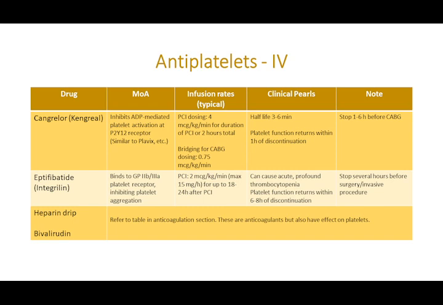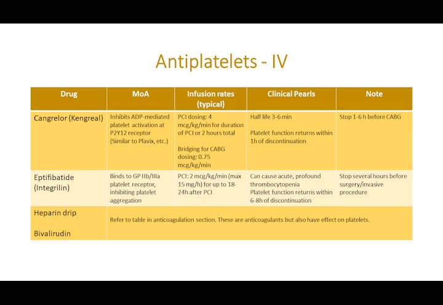Eptifibatide, or I would just call it Integrilin because it's a tongue twister, works a little bit differently from Cangrelor and the other PO antiplatelets, and it's almost exclusively used for PCI purposes. The dose is usually 2 microgram per kilo per minute with a max of 15 milligram per hour for up to 18 to 24 hours after PCI.